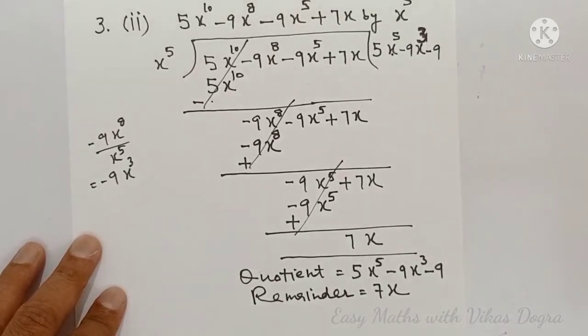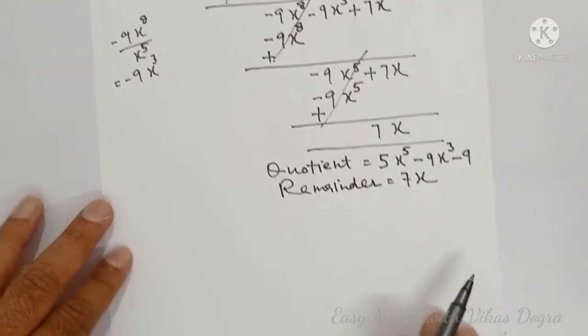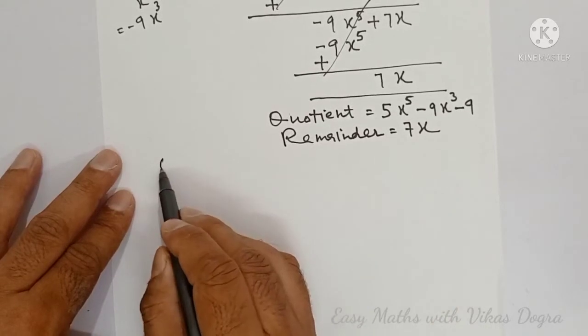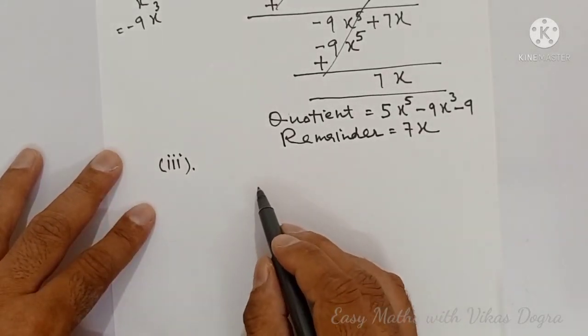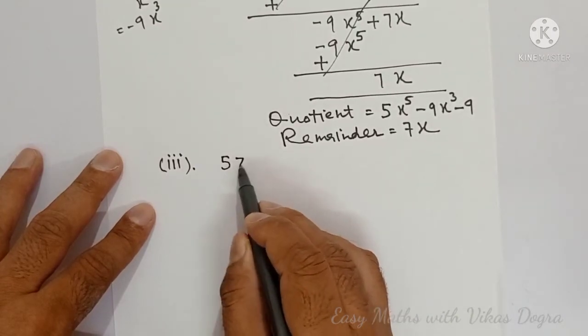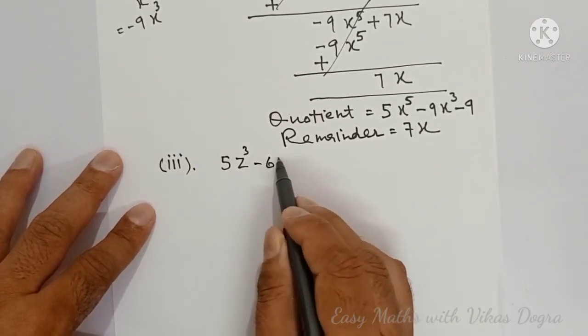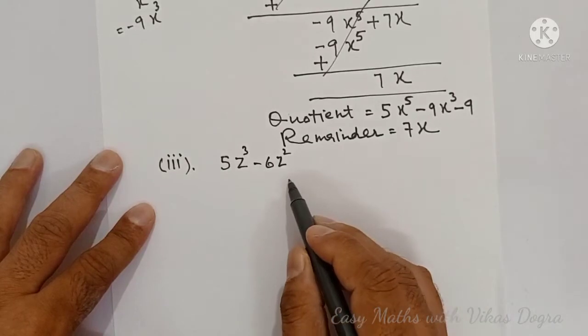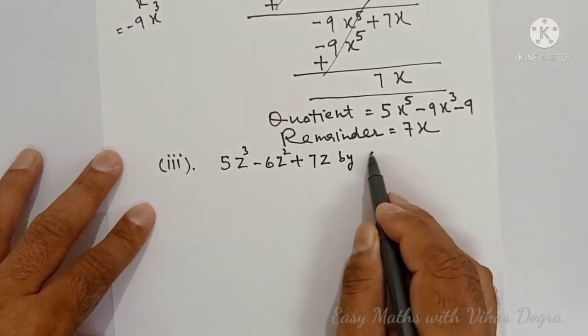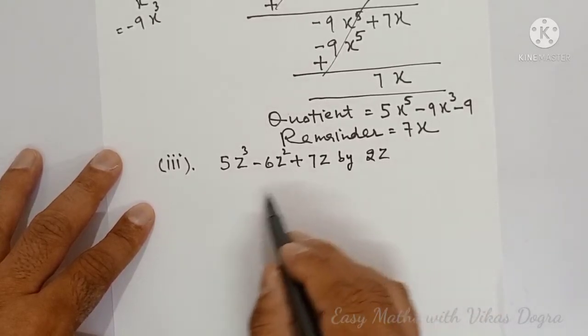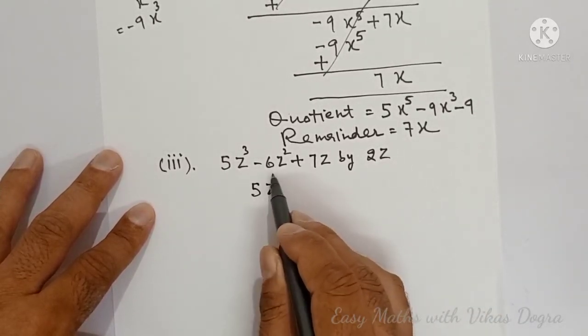Now we will do the last part, third part. This is 5z power 3 minus 6z square plus 7z by 2z. This is already in standard form, so division will start.